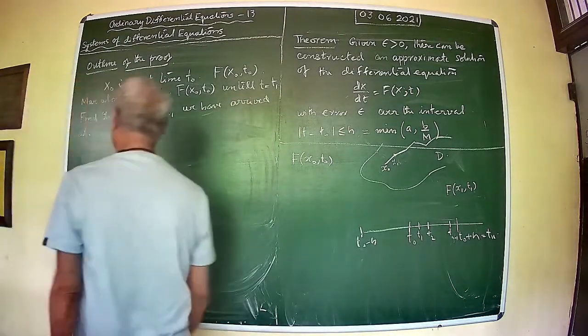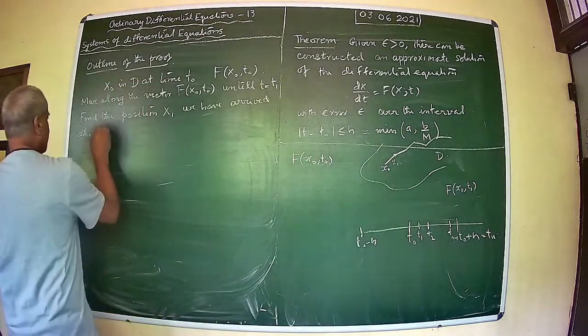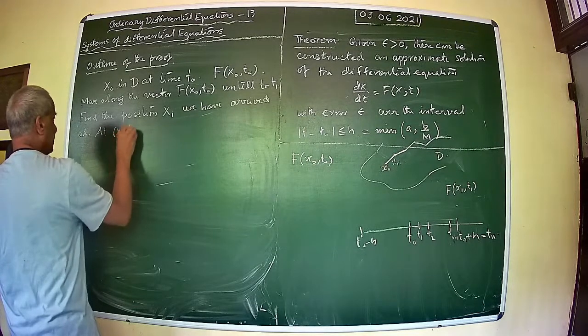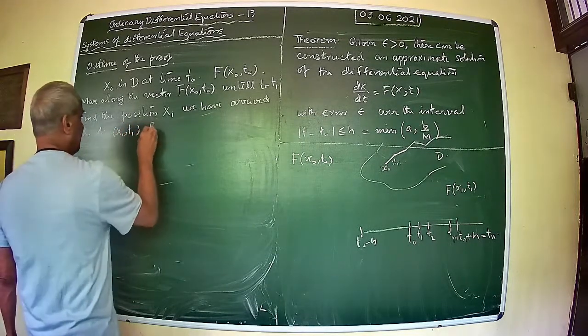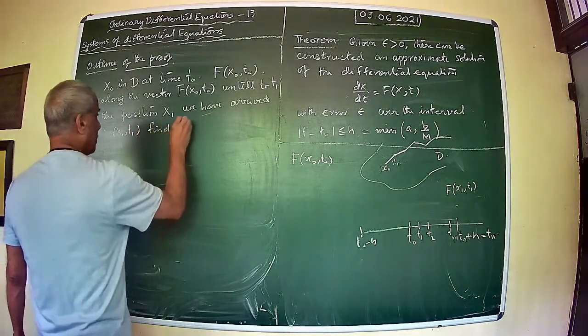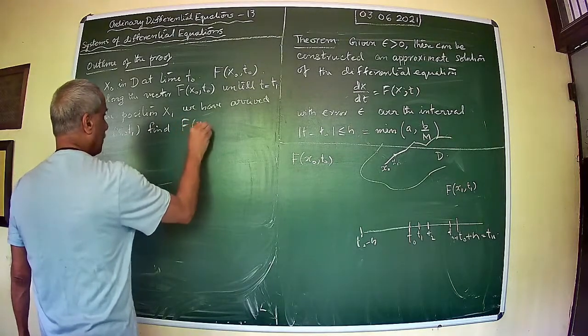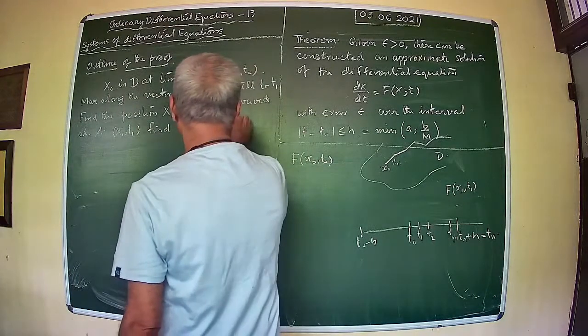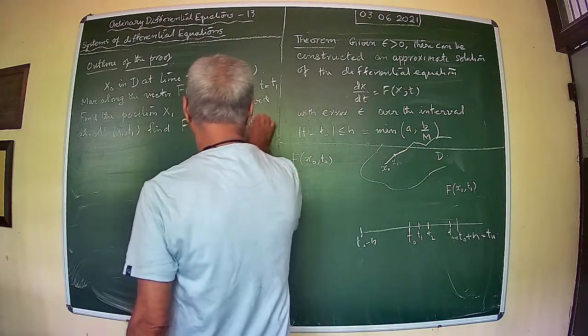Now what you do at x1 t1, find f of x1 t1. f of x1 t1 is a vector again in Rn.